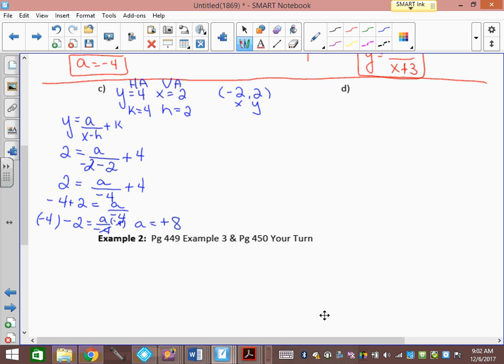And so we have y equals 8 over x minus 2 plus 4. Now, this is great and correct, but the answer on the test, let's say, is numerator over denominator. So are we done? No.